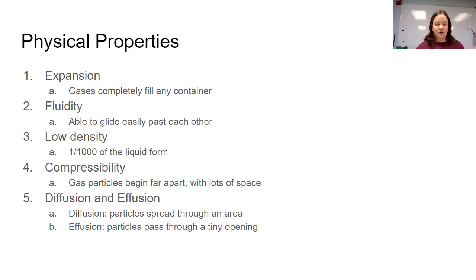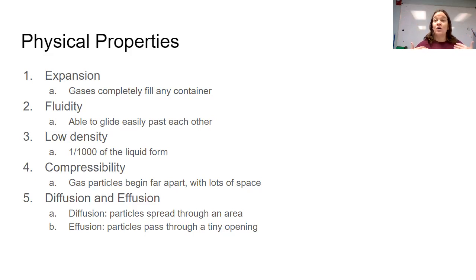The particles are moving all over the place. That's assumption number 3. And there are no significant attractive forces between them because they're moving so quickly. That one is assumption 4. So 3 and 4 explain why gases can expand to fill their containers.